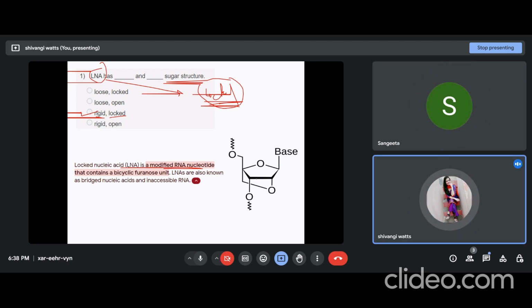It is also known as bridged nucleic acid because this methylene unit is bridged, and it is inaccessible RNA. So it is rigid and has a locked furanose-type sugar structure. So option C is the right option. You can note it down.